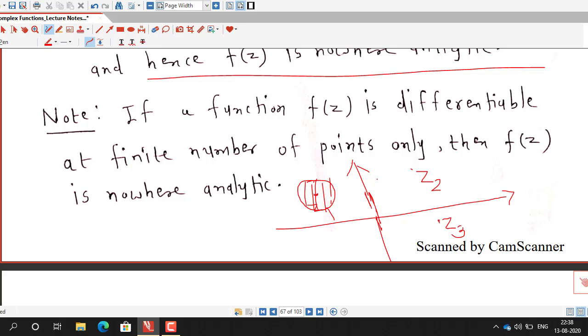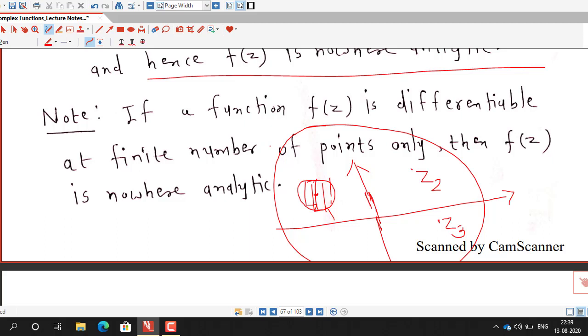If we consider a neighborhood of z1 which contains z2 and z3 also, then we still have infinite number of points such that the function is not differentiable at those points, because the function is differentiable only at z1, z2 and z3. So the same logic applies for z2 and z3 also.